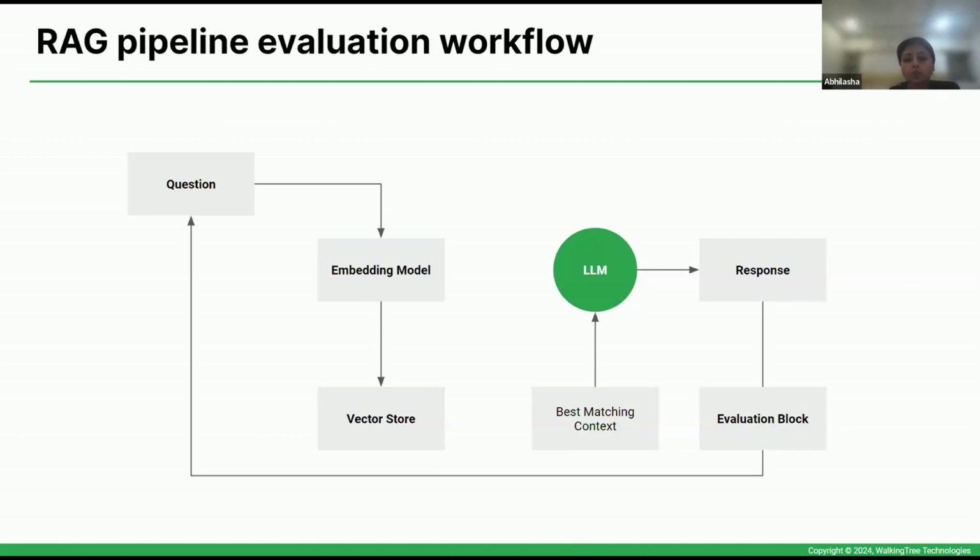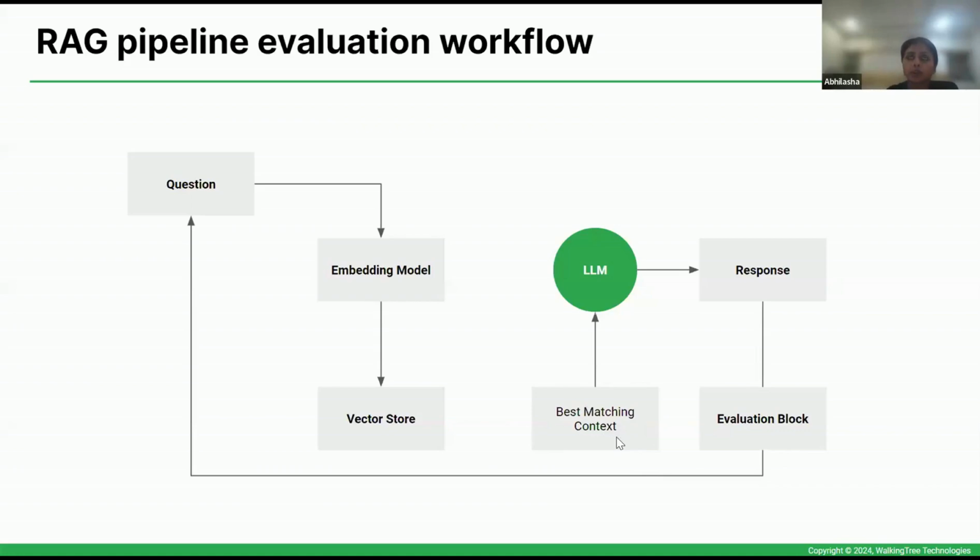Now, in that, you bring in the evaluation block, which will compare the different aspects of the RAG pipeline to show you how good or bad the response is, or how good or bad even the context is. Because in a RAG pipeline, the context is a very important piece to assess evaluation.